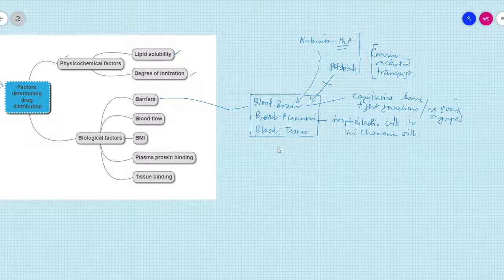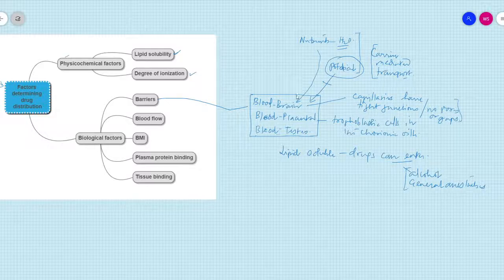The point is, we said most potential toxins are water soluble, which means lipid soluble drugs can enter. For example, alcohol or general anesthetics can cross these barriers and enter these particular areas.